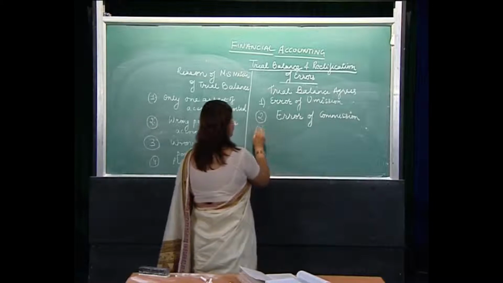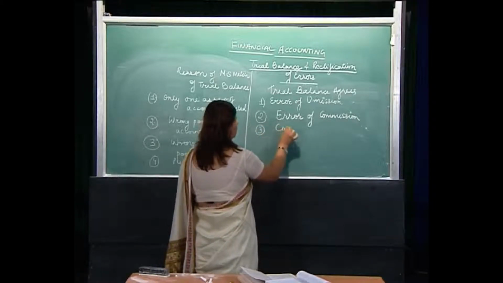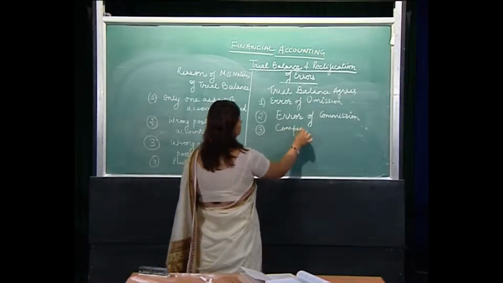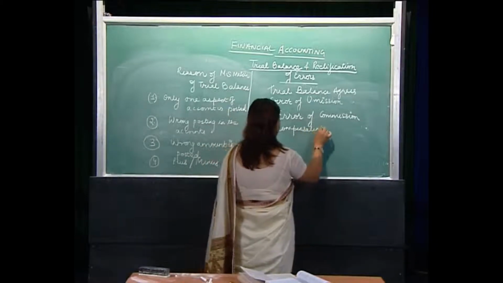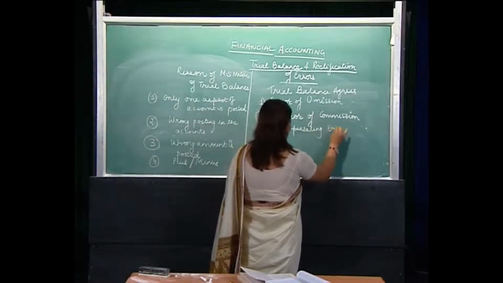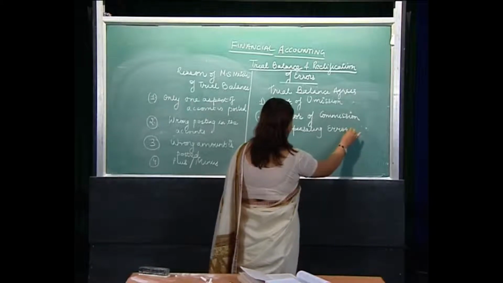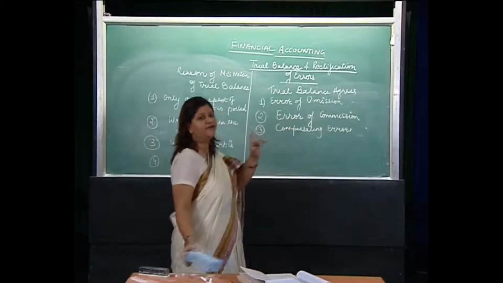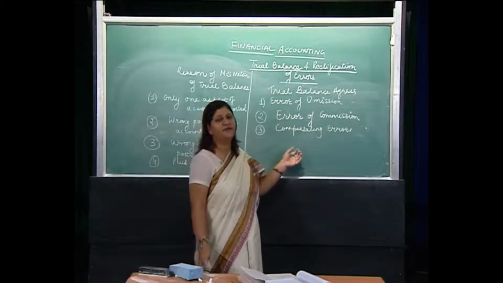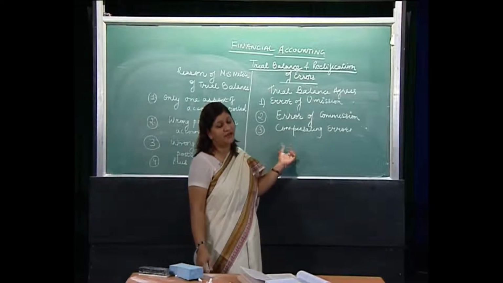Now other type of errors are compensating errors. What do we mean by compensating errors? The effect of one error is nullified by the other error.